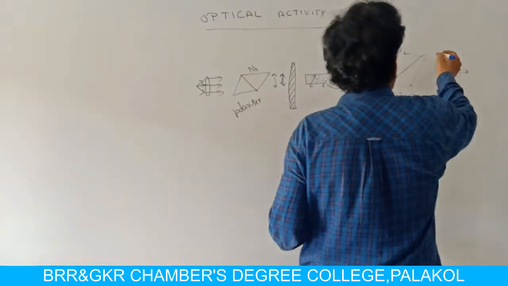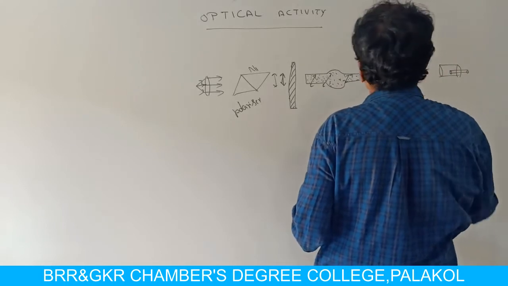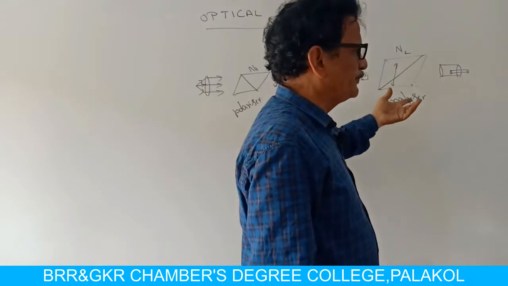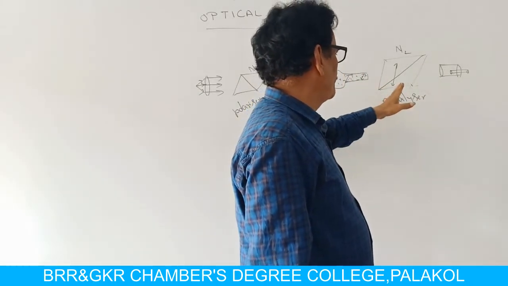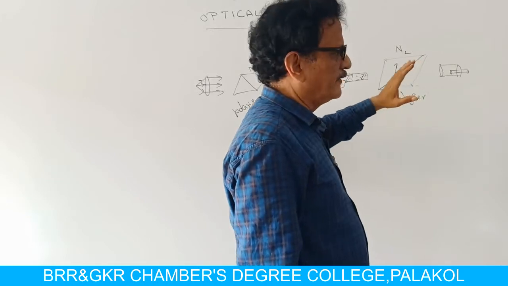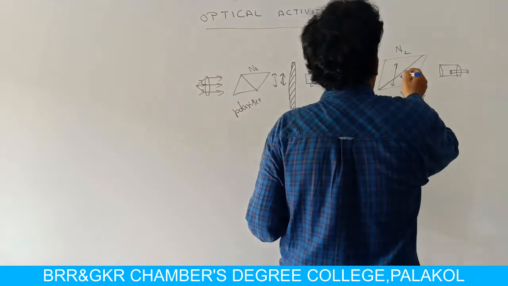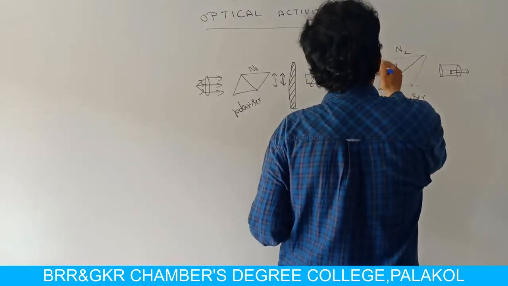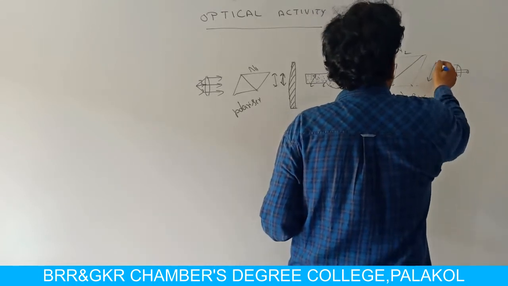So the intensity of the emergent light decreases. If you rotate the analyzer in such a way that its axis is parallel to the vibration rotated by the optically active substance, again we will get maximum intensity.